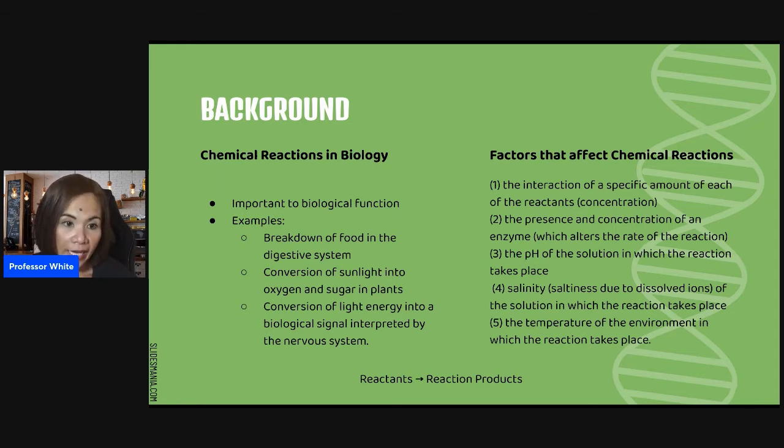Same with the pH of the solution in which the reaction takes place, as well as the salinity. Salinity has to do with dissolved ions in the solution where the reaction is taking place. Last but not least, the temperature of the environment in which the reaction takes place.